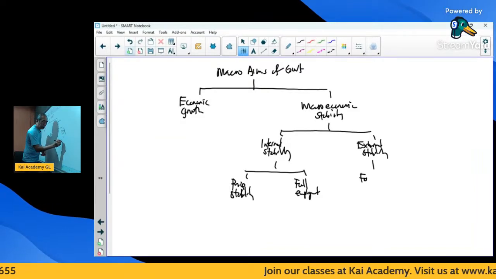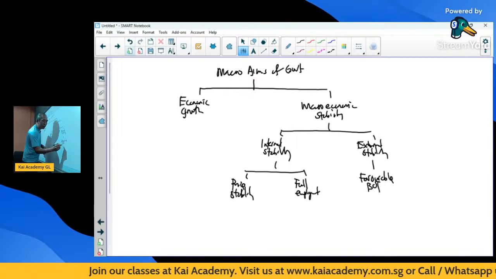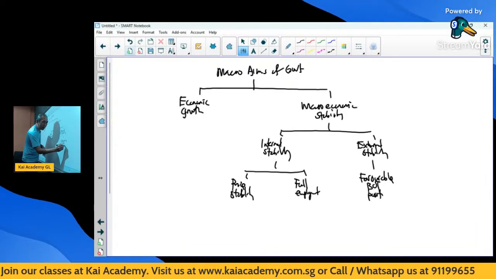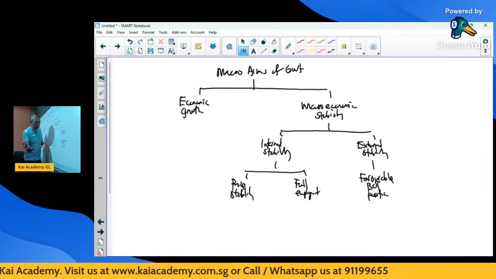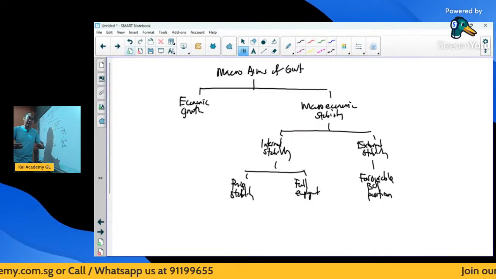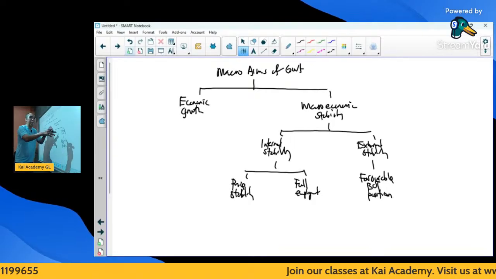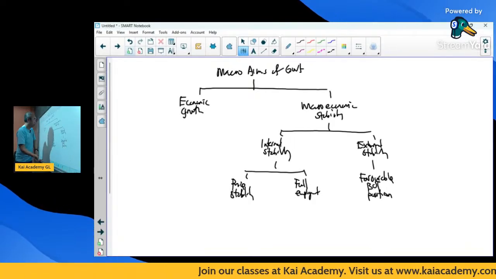Then external stability is to achieve a favorable balance of trade position. Now, what exactly is favorable? That's controversial. Some countries' governments prefer a surplus, other countries argue that equilibrium is better. But it doesn't matter. That's why the syllabus left it open-ended as favorable.